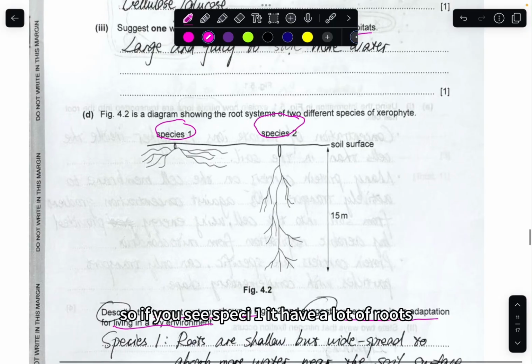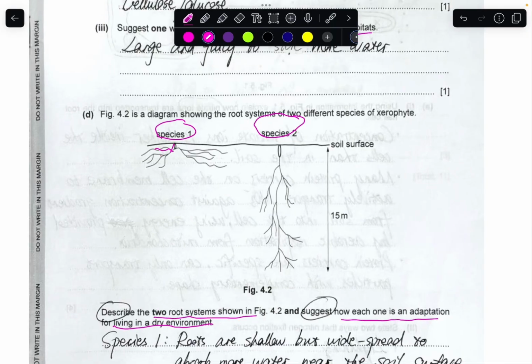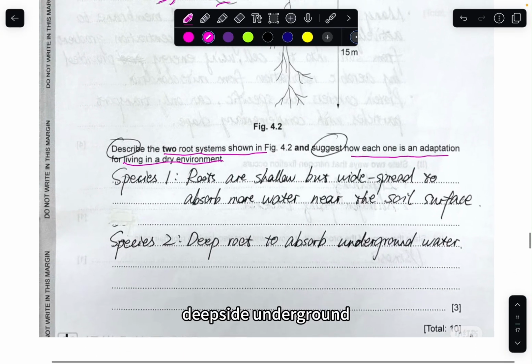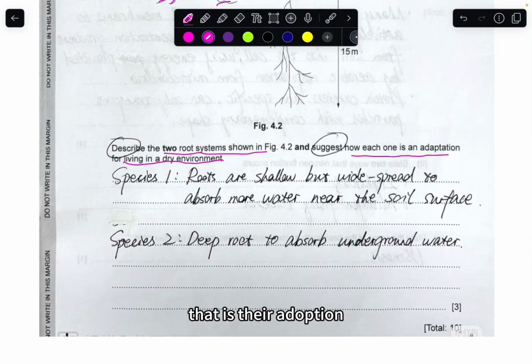If you see species 1, it has a lot of roots, but they are spread near the upper surface. They can absorb more water, but only from the upper surface of the soil. But species 2 has a long and deep root system that can absorb water from deep underground. So that is their adaptation.